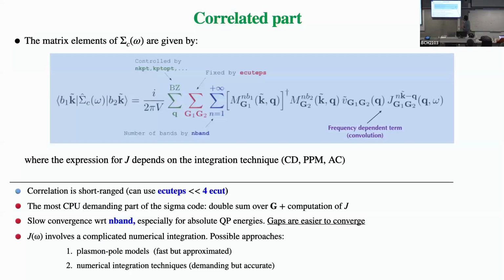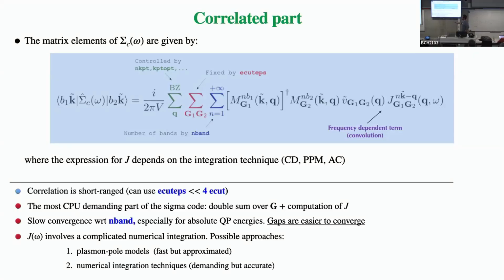Now, the problem is that this term here is frequency dependent, and the frequency dependence comes from this integral here. I'm not going to report it because it's really a nightmare. There are a lot of terms. But the main point is that several techniques have been designed to evaluate this integral as a function of omega as fast as possible and with reasonable accuracy. There are two techniques that are commonly used in this field.